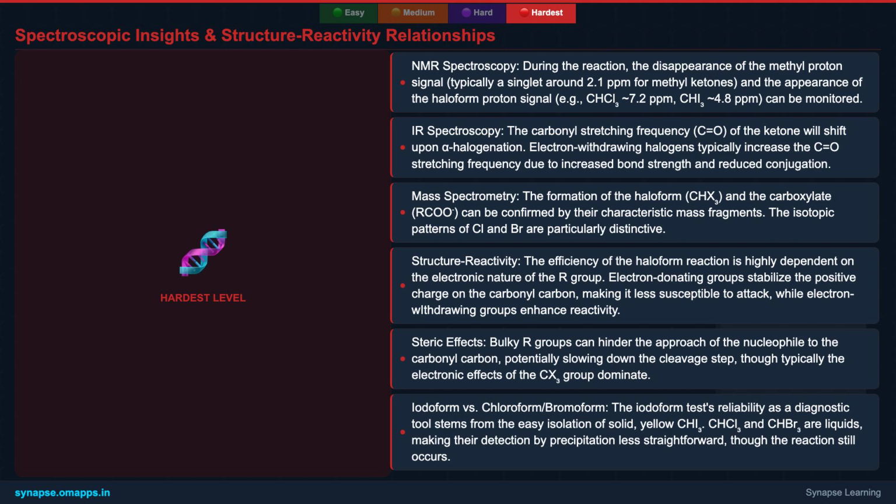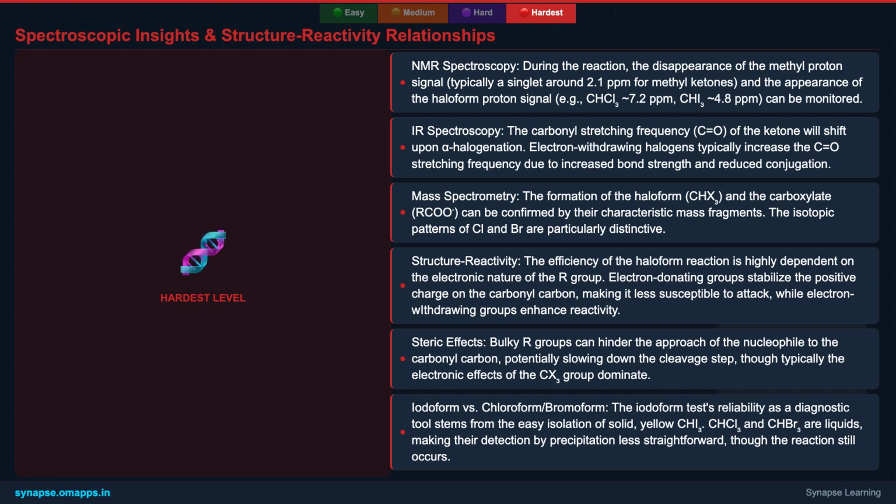IR spectroscopy can track changes in the carbonyl stretching frequency. The electron withdrawing halogens typically increase the C=O stretching frequency. Mass spectrometry can confirm the formation of haloforms and carboxylates through their unique mass fragments and isotopic patterns, especially for chlorine and bromine.